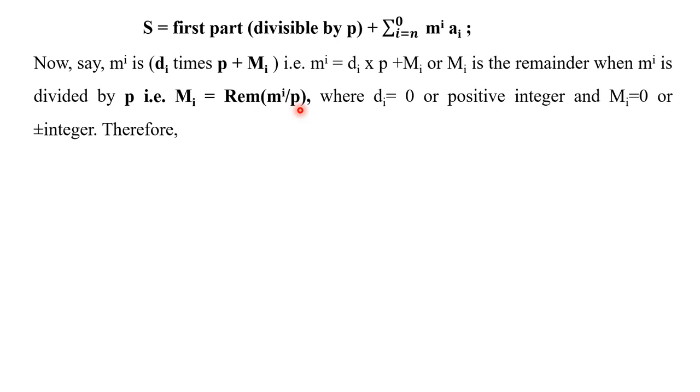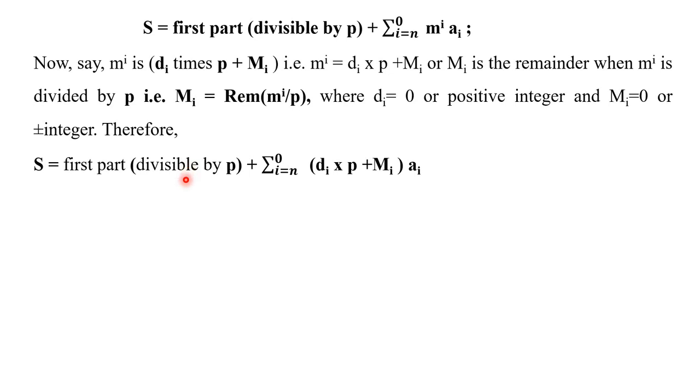And of course, you can easily check that d_i is 0 or a positive integer, but m_i can be 0 or both positive and negative. Therefore, we can say that S is the first part divisible by p, and then this m to the power i we have taken as d_i p plus m_i, so d_i p plus m_i into a_i.